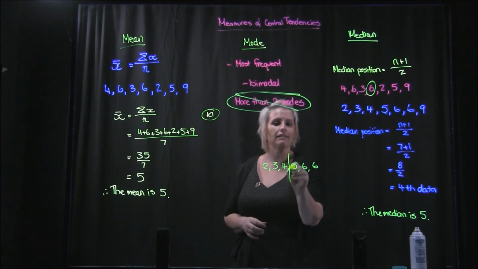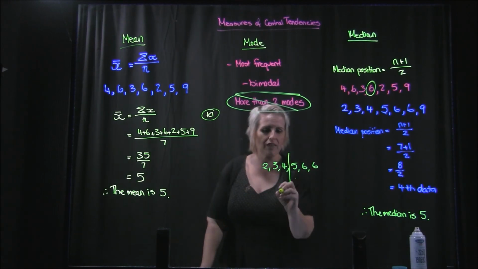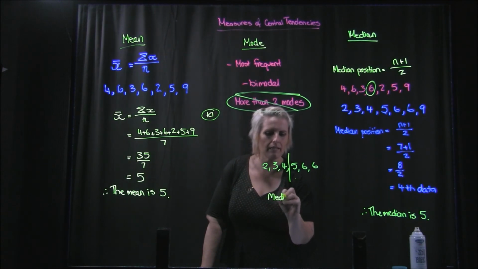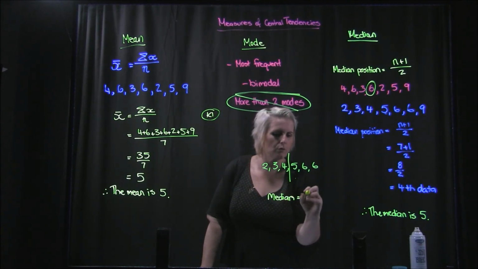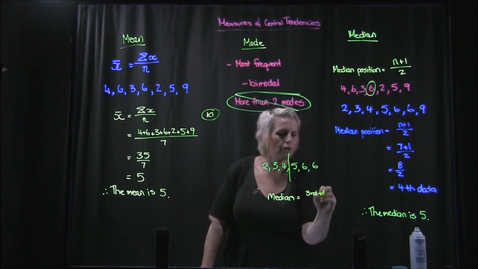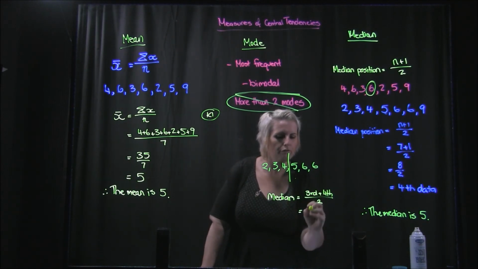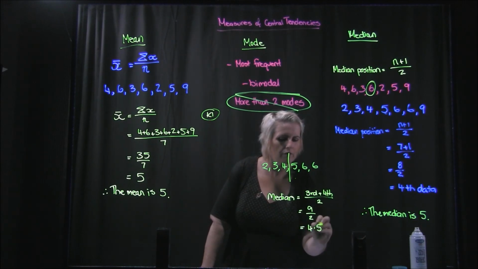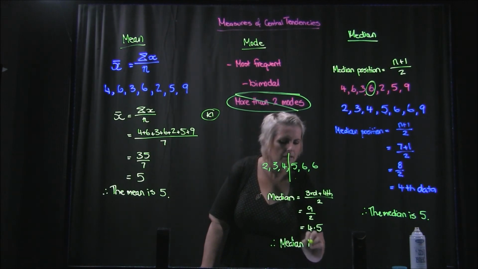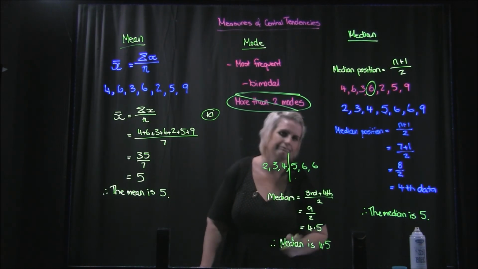So it will be in between the 2. What you do then is write median is equal to the third and fourth added together divided by 2. So 4 and 5 is 9 divided by 2, so 4.5. Therefore, your median is 4.5.